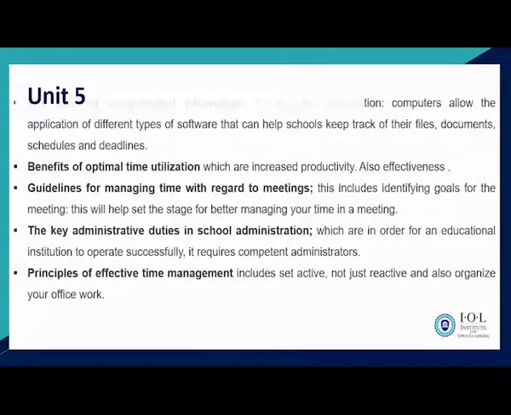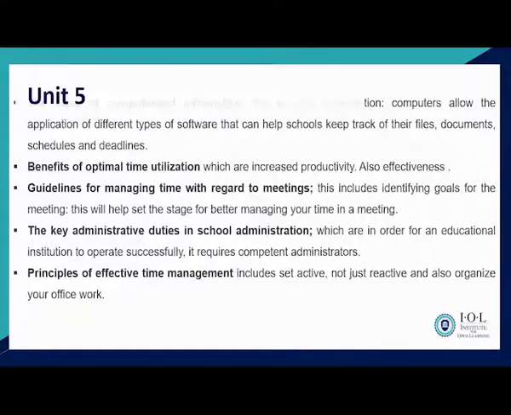The use of computerized information is very important because you can keep track of those files, or you can also make use of different types of software, and that makes your work easier.